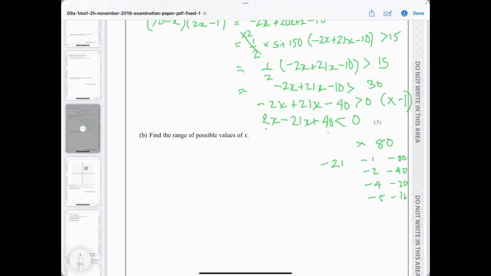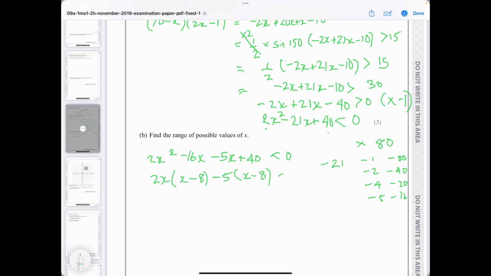There we go. So we know that 2x squared, let's leave that there, minus 16x minus 5x, you could have done that either way around, plus 40 is less than 0. So take 2x out, and that makes it x minus 8 minus 5, and that's x minus 8 again.